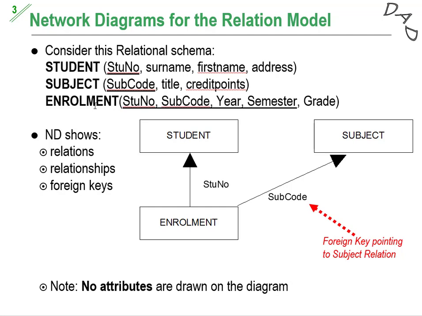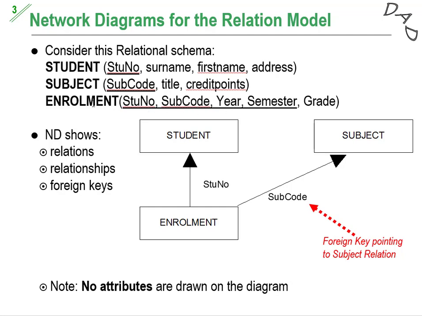And think about the enrollment entity. The enrollment entity consists of student number, subject code, year, semester and the grade. So it looks like the enrollment entity is the weak entity. It has a composite identifier. The composite identifier here is student number, subject code, year and the semester.